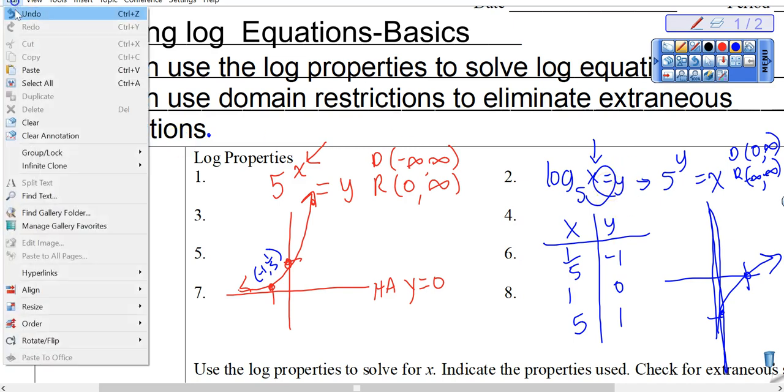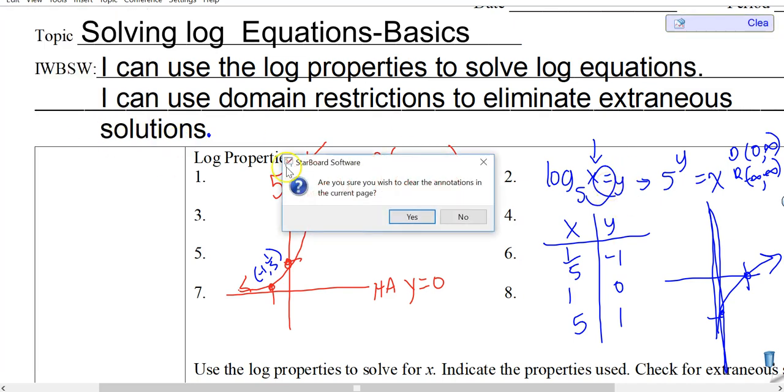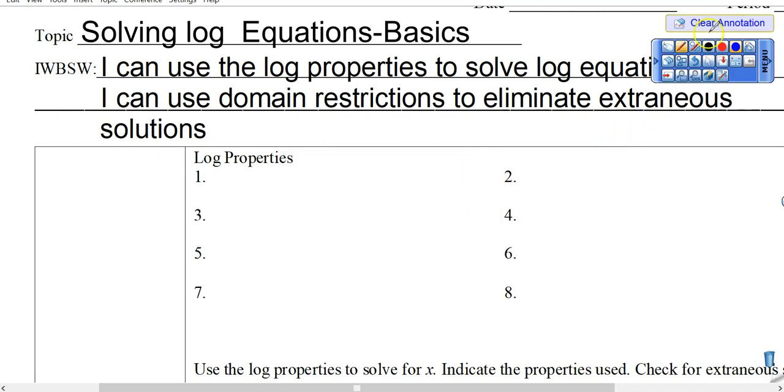So here we go. Log properties. Start with this statement for all 8 properties.